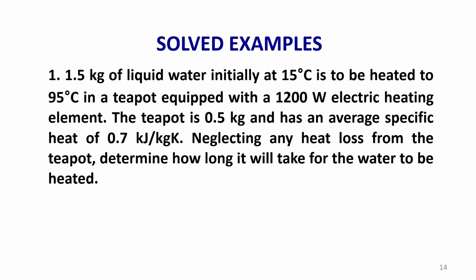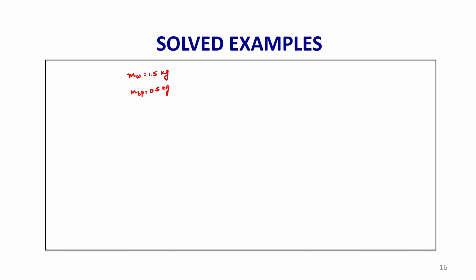Cp of teapot is 0.7 kilojoule per kg Kelvin, the specific heat capacity. And the Cp of water, even if it is not given, we know the Cp of water and air. So, 4.18 kilojoule per kg Kelvin.